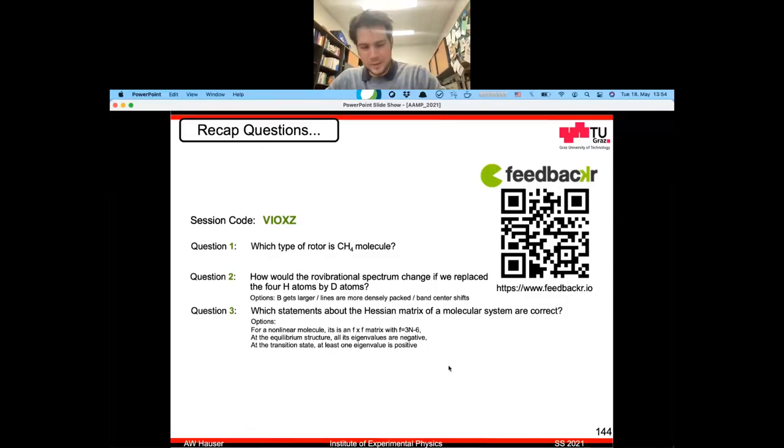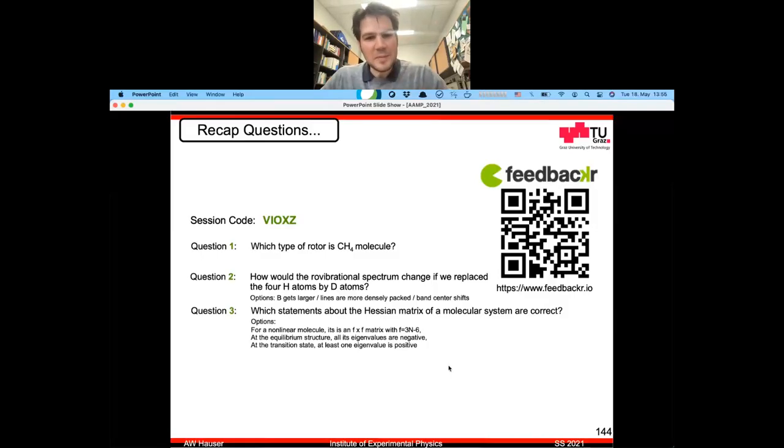And finally, third question, which statements are here correct? 90% identified the correct answer for a nonlinear molecule.